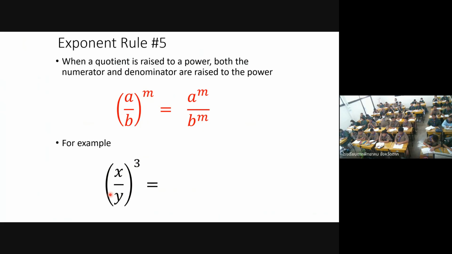What's the answer? X over y all to the power of 3 is x to the power of 3 over y to the power of 3. Easy, right? Understand?